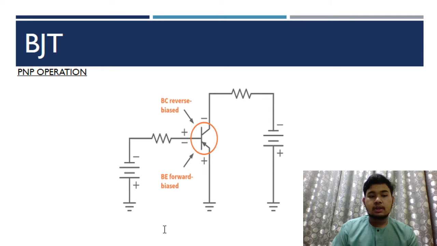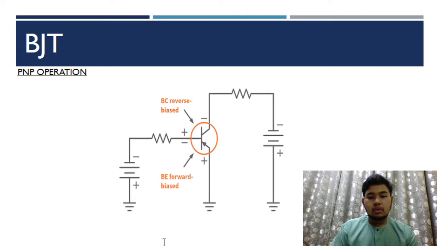Inside the PNP transistor, the emitter current is due to the movement of holes from the emitter to the base region, but externally, the emitter current is due to the movement of electrons from the emitter region to the positive terminal of the external bias voltage.